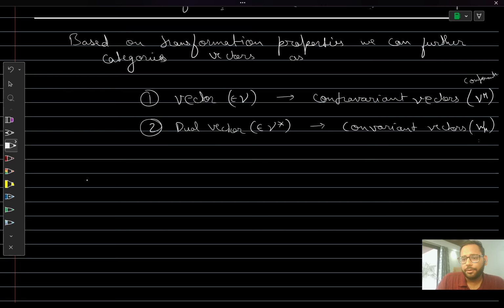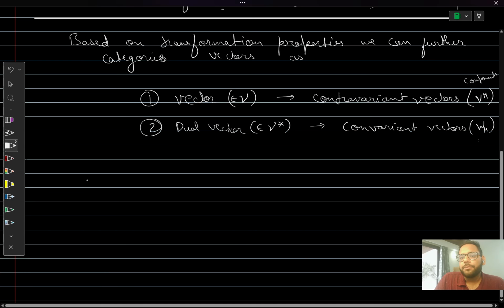But why do we place this as upper indices? Why do we define upper indices for contravariant, and why lower indices for covariant? This is not contravariant, this is covariant. It's just a matter of convention. Just a convention.